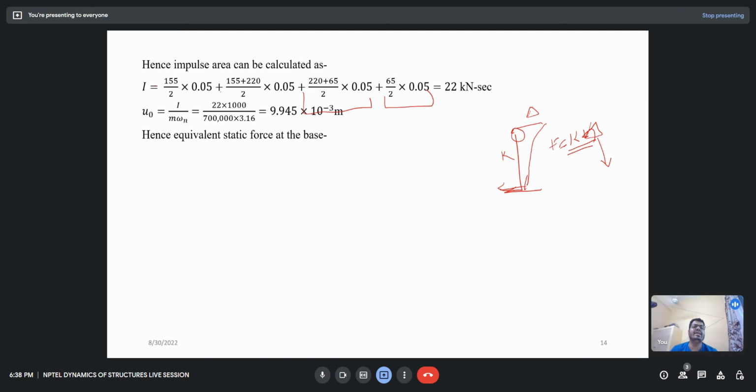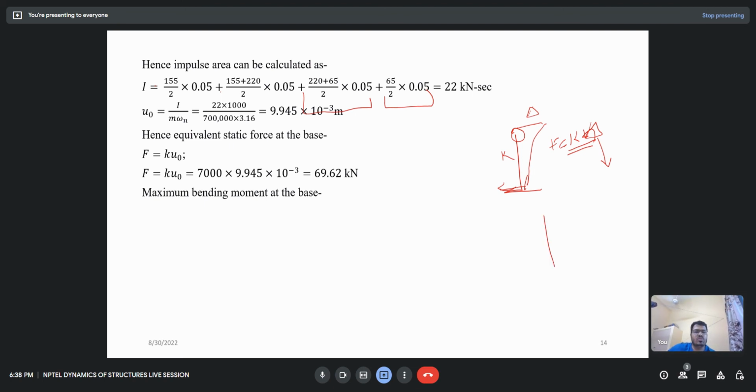Delta is around 9 mm, and K is 7,000 kilonewton per meter. So F is K into u naught. Calculating the force, it comes out to 69.62. So how much does the overturning moment come out to be? The overturning moment comes out to be this, where this is your F.